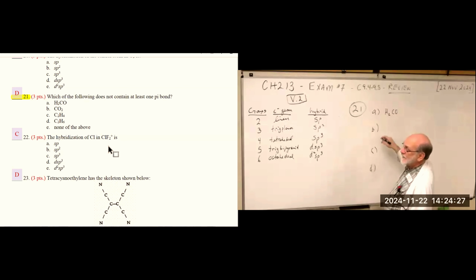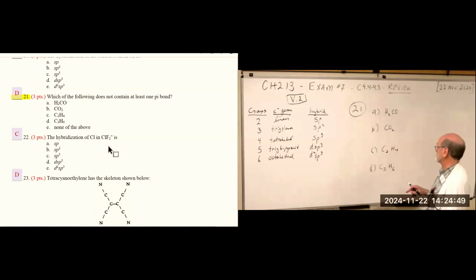H2CO. That's formaldehyde. CO2, C2H4, is it? Yeah, and C2H6. So there's one of them, it says, or none of the above. So at least one pi bond.